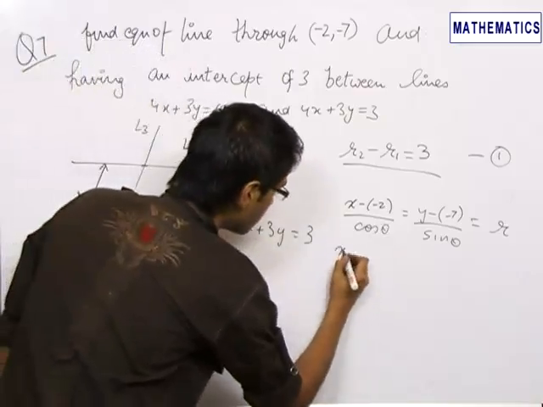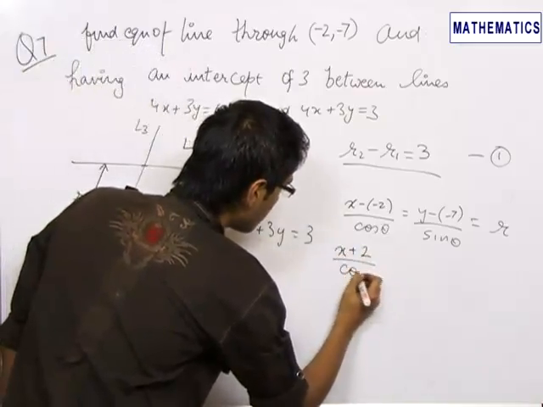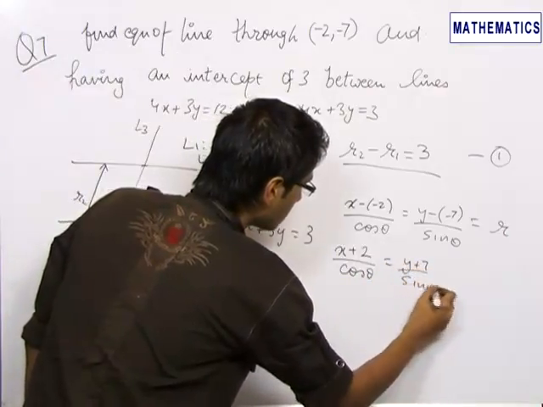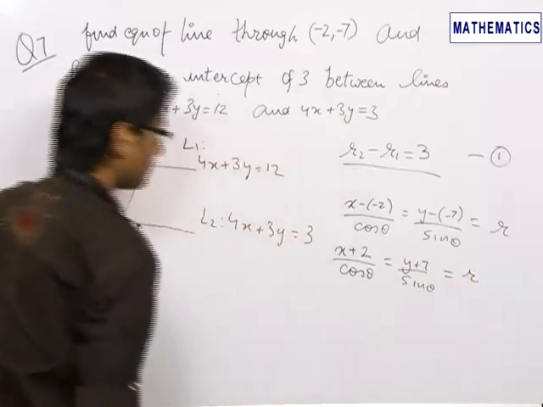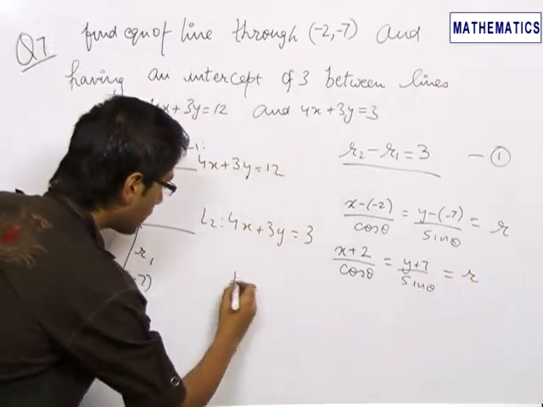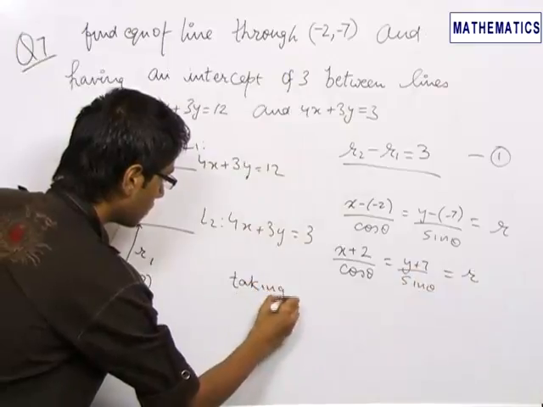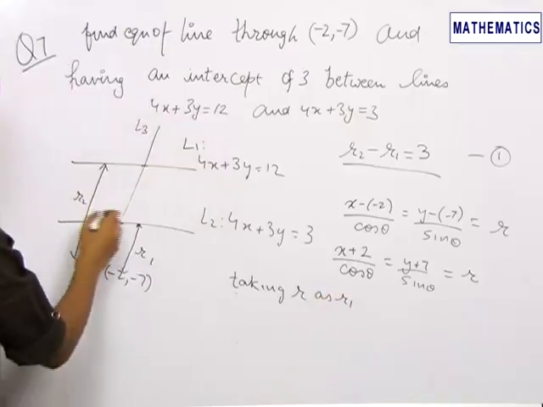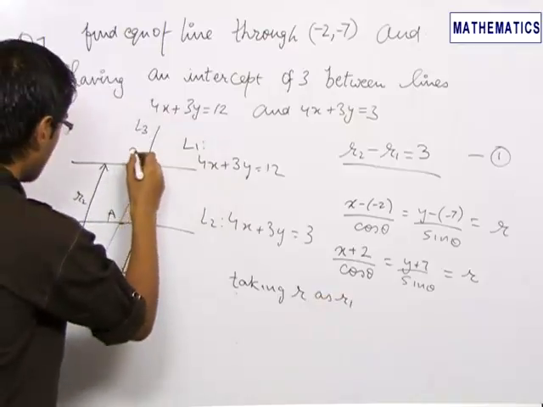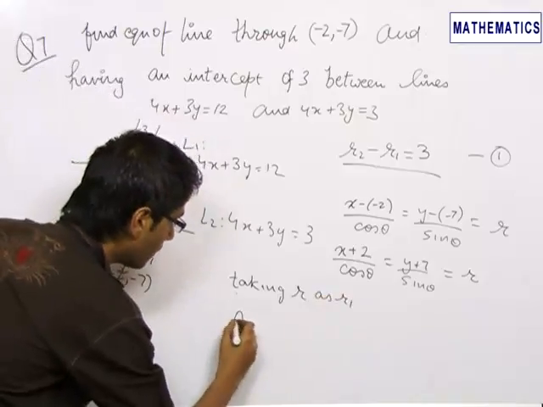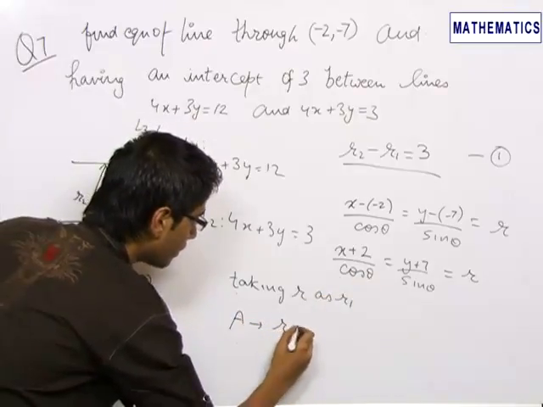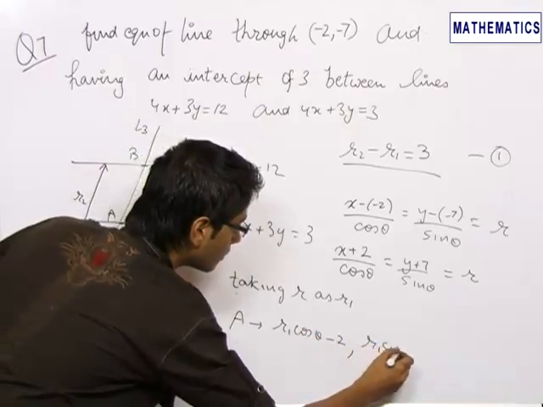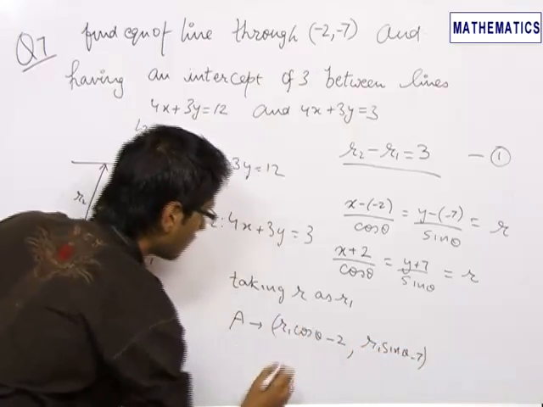So we can write this as (x + 2) upon cos theta equals (y + 7) upon sin theta equals r. Now taking r as r1, we can easily get the coordinates of point A. The coordinates of point A will be (r1 cos theta - 2, r1 sin theta - 7).